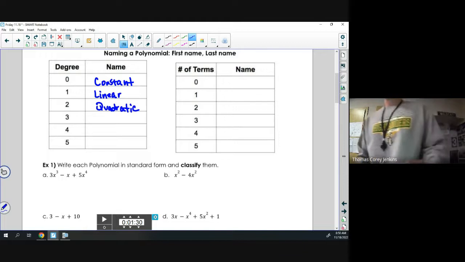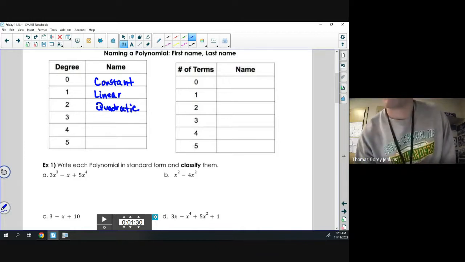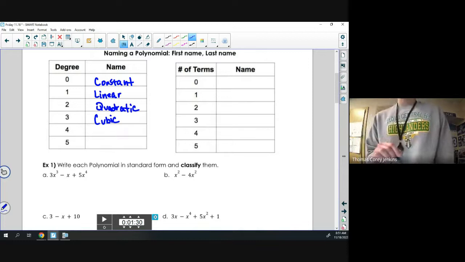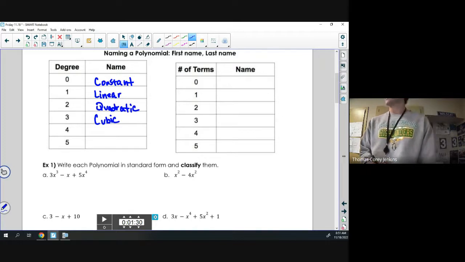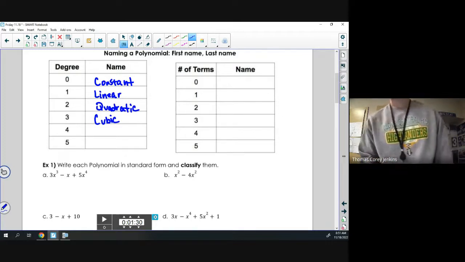Third degree is, anybody know what that's called? Starts with a C. No, cubic is the word there, cubic. So 5x to the third. See how that goes. What about fourth degree? Anybody know what that would be called or have a guess? It's not a real common word. Nope.